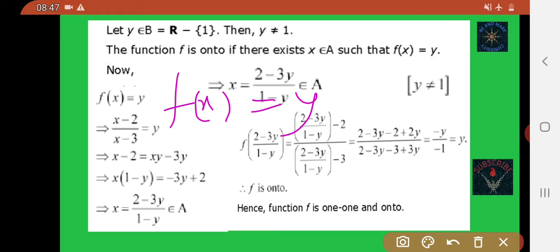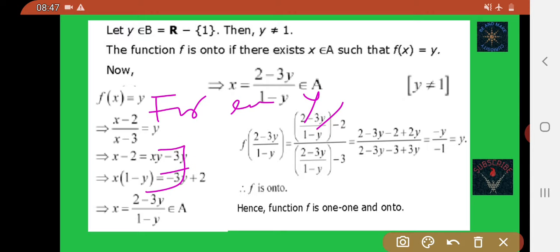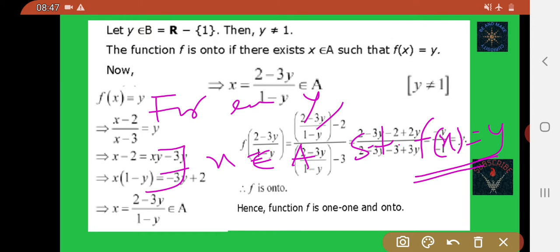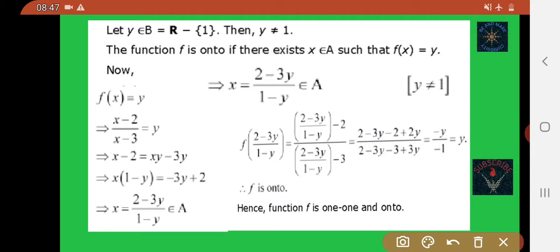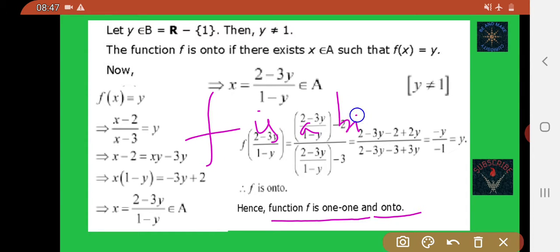So for each y there exists x belonging to A such that f of x is equal to y. So the function f is an onto function, hence function f is 1-1 and onto, so function f is a bijective function.